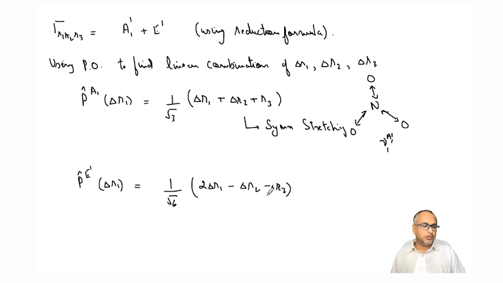Okay, so this can be called nu 2, the second stretching mode, with E prime symmetry. You can draw it as one of the bonds increasing in length and the other two bonds compressing. So these are getting shortened, this is getting increased. So this will be the second mode.